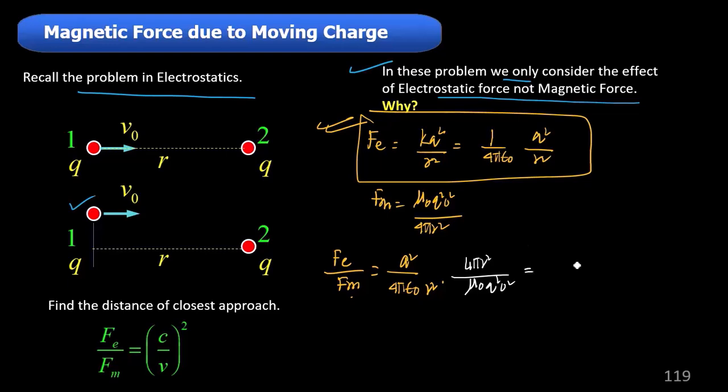So ultimately আমরা যেটা পাচ্ছি 1 by mu naught into epsilon naught into v square.